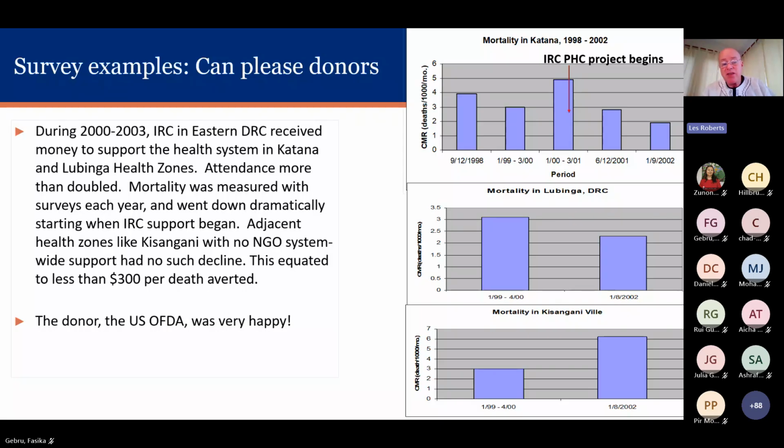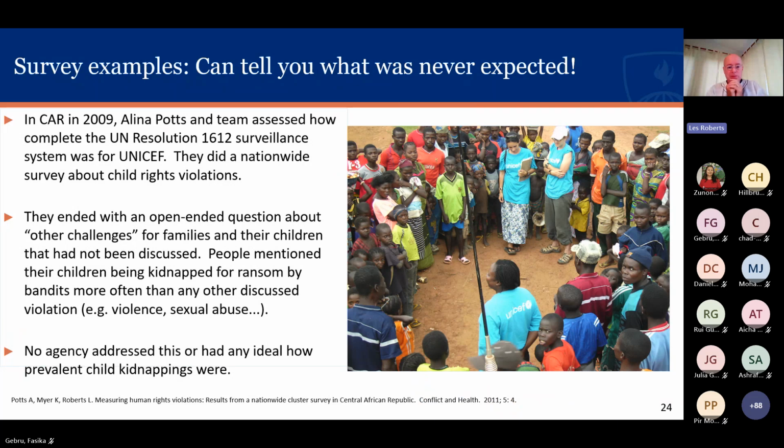And we estimated that we averted a death for every $300 spent. I can't articulate to you how ecstatic our donor was to have that information, to show how cost effective their spending was. Next, please. We're sort of out of time, so let's skip this and next, please.